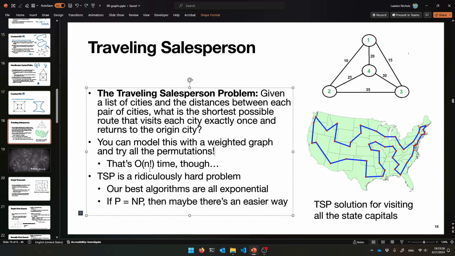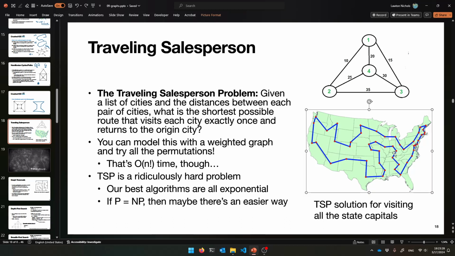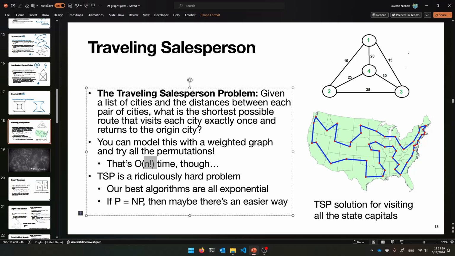That's very, very computationally intensive though. Pretend that you wanted to visit every state capital. There's 50 of those, or at least 48 states that are connected. Then you'd have to try 48 factorial possibilities, and that's a very large number. You can't really solve that very quickly, naively at least.